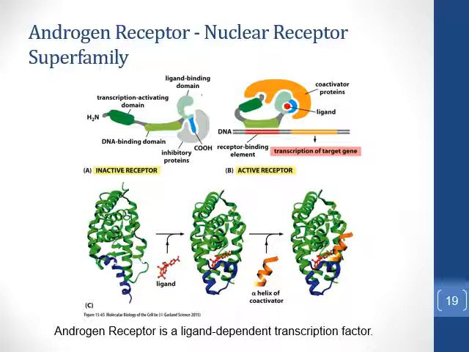Now, in this case, what happens is the androgen is going to come in. It's going to bind to the binding site. That induces a conformational change that includes the removal of this inhibitory protein. So the inhibitory protein is released. That conformational change then also changes this protein in such a way that this region right now becomes a binding site for a coactivator.